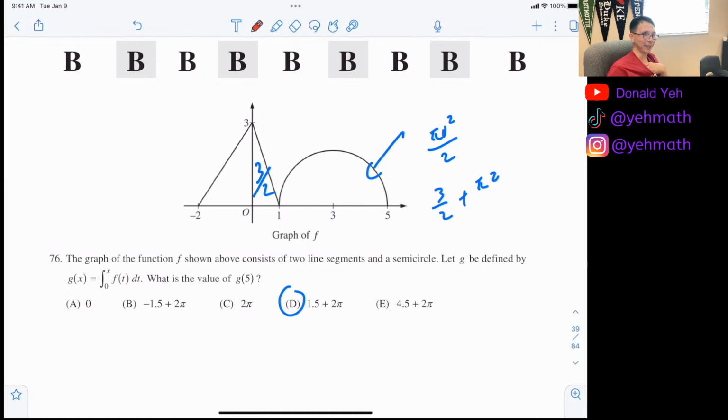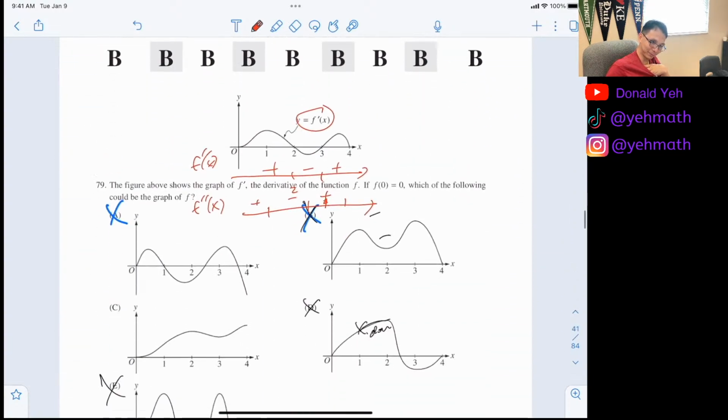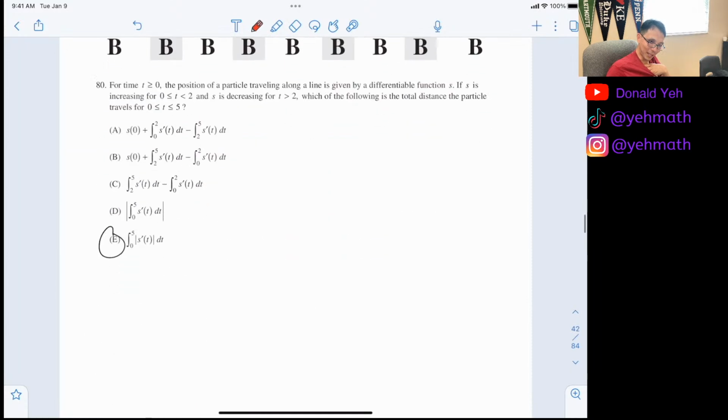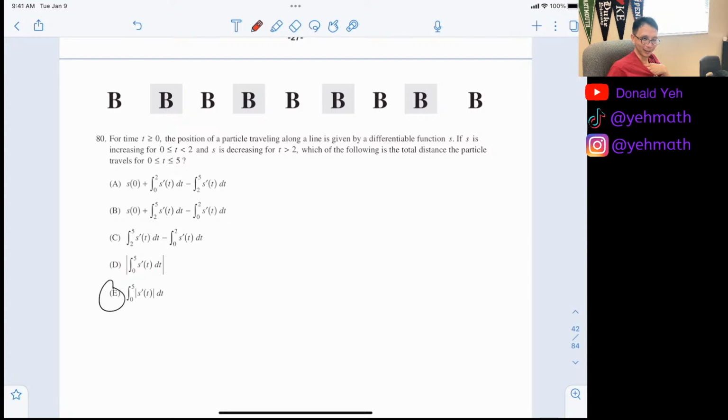Just adding the areas. I'm not going over that one. What was the next question again? 80? Come on, this is beneath you too.